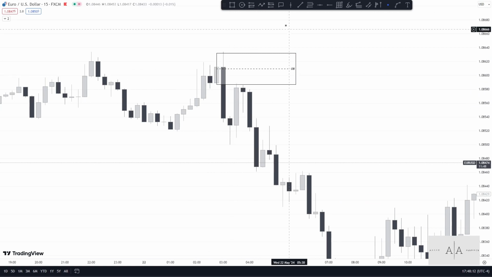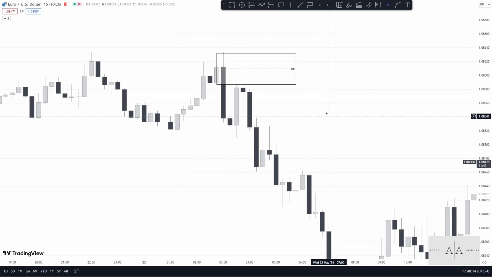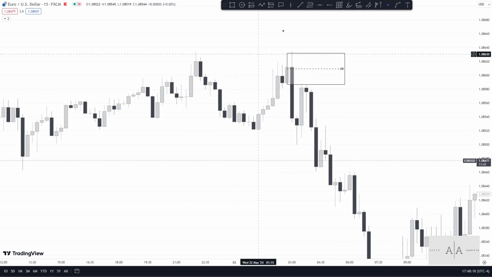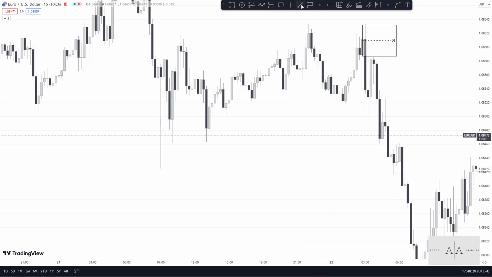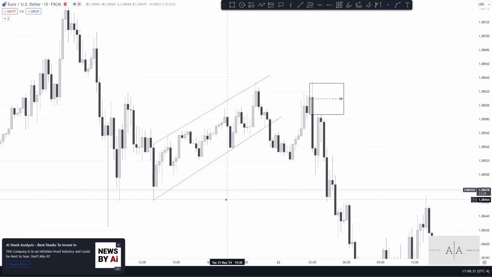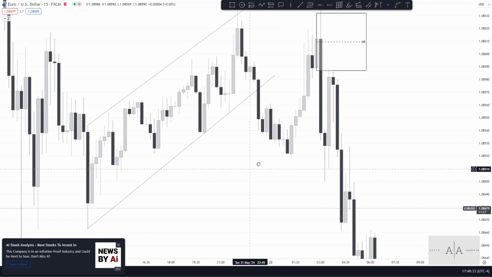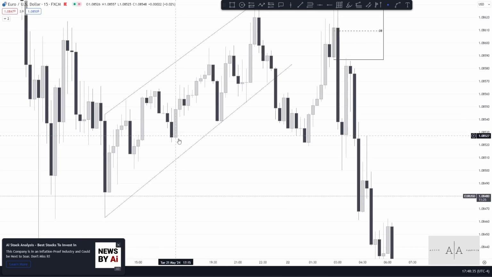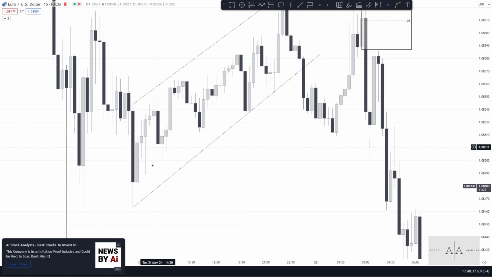Everybody can understand how it works. It's not really difficult to implement it into your strategy. Let's just say you use trend lines, okay? So trend lines here, you have your channel here, and there you have your other channel, okay? So to have a more specific entry, you could also just use the supply and demand, right?